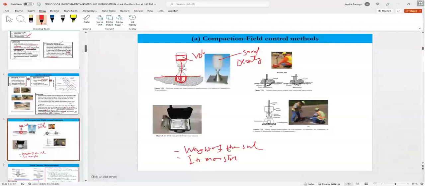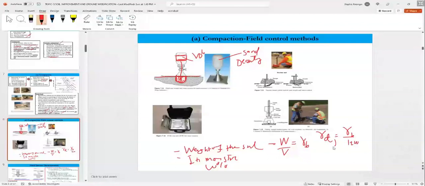So we knew the weight of that soil. Divided by the volume of the hole, that gives us the bulk density. We determine the moisture content of the soil and get the moisture content. So we can get the dry density of that soil: the bulk density divided by 1 plus the water content percentage.